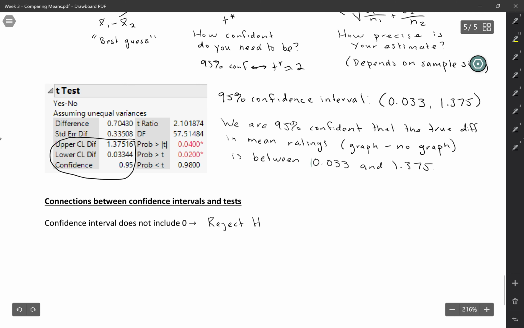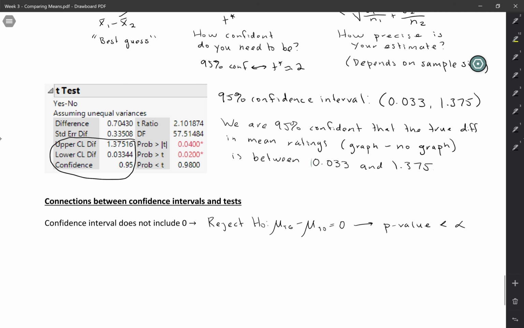Our null hypothesis was that the parameter, graph minus text only, was equal to 0, and we rejected that in favor of the alternative hypothesis. So this means that our p-value must be less than whatever cutoff we're using. We call that alpha. So our p-value is less than alpha.